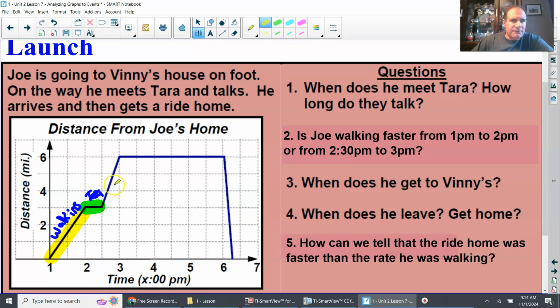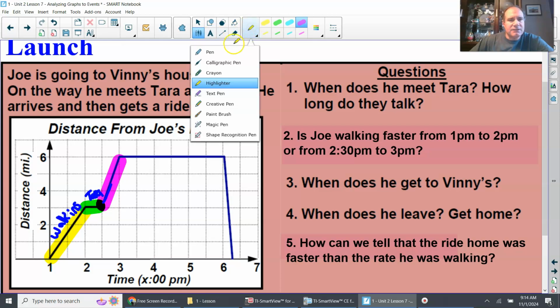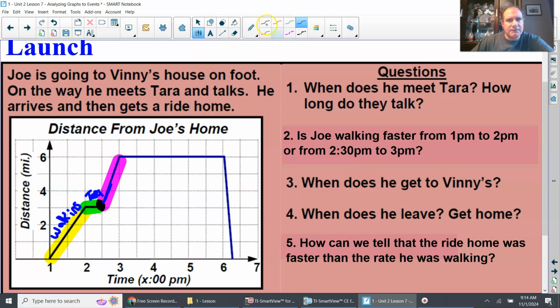So now after he finishes talking to Tara, he continues walking again. So you can see that he's walking again. So I'm going to put walking after he finishes talking to Tara.